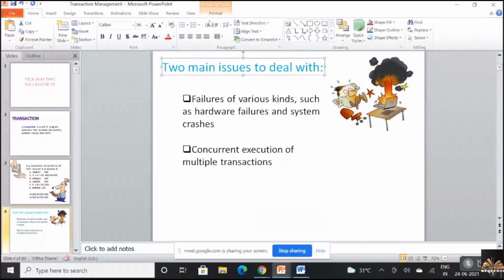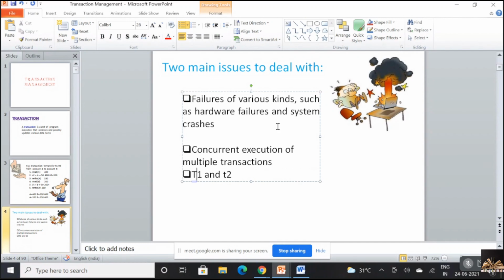So if I have a transaction T1 and T2 running concurrently, I should see to it that T1 does not affect T2 or T2 does not affect T1. So the values that are being modified by T1 and T1 fails, it should not affect T2. That is what I have to take care.